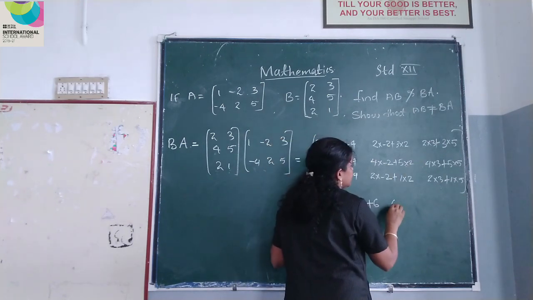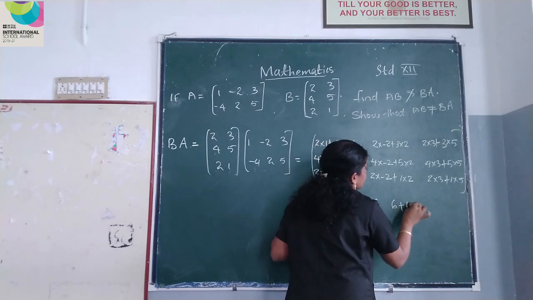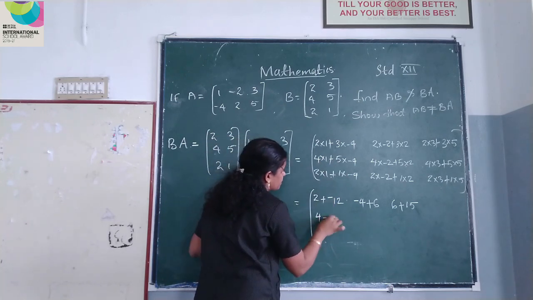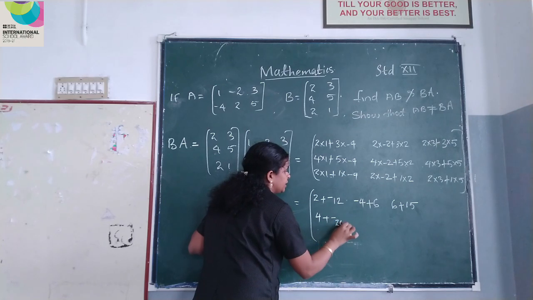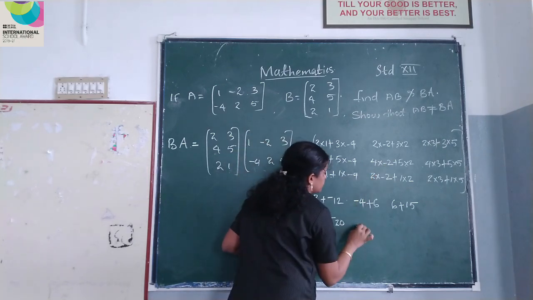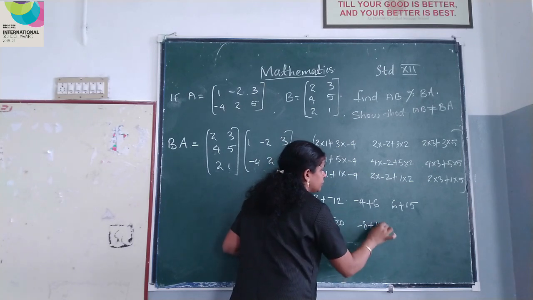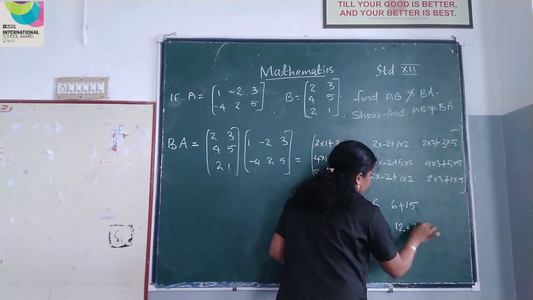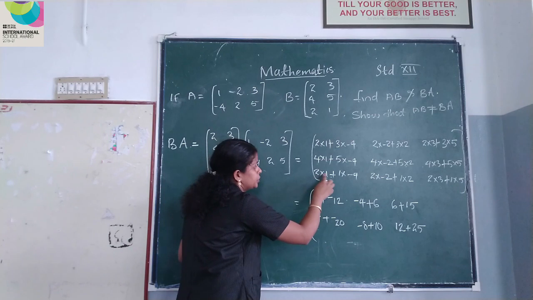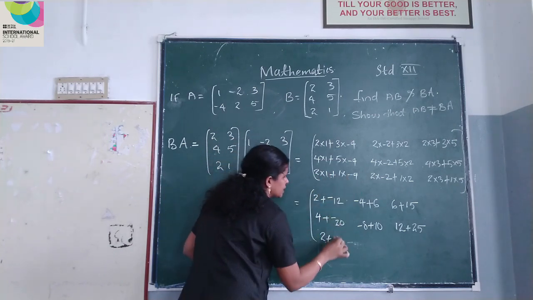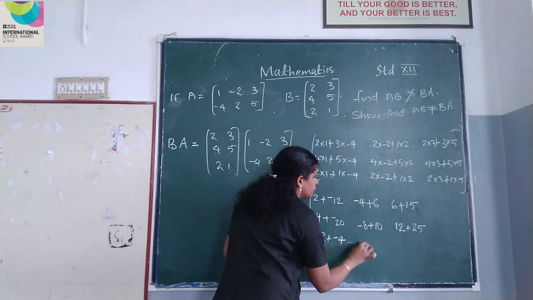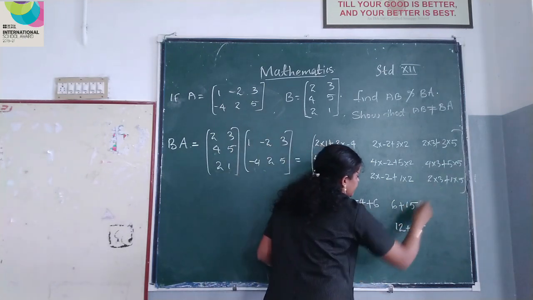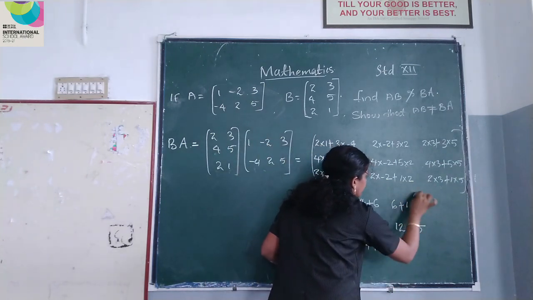The next, 2 into 3, 6, plus 3 into 5, 15. Like that, 4 into 1, 4, plus 5 into -4, -20. The next element, 4 into -2, -8, plus 5 into 2, 10. The next, 4 into 3, 12, plus 5 into 5, 25. Okay, the next, 2 into 1, 2, plus 1 into -4, -4. 2 into -2, -4, plus 1 into 2, 2. The next, 2 into 3, 6, plus 1 into 5, 5.